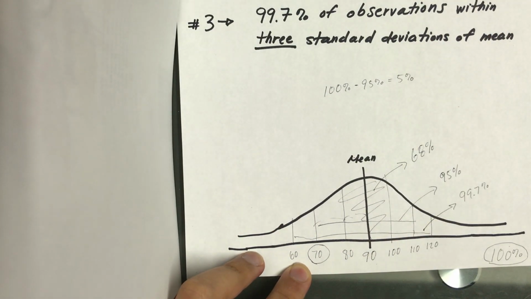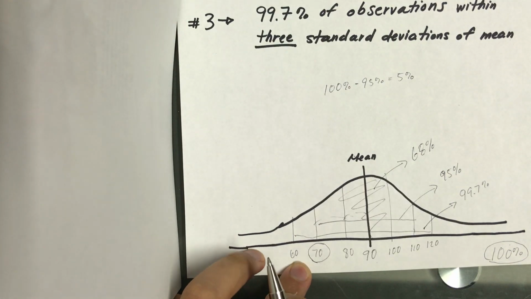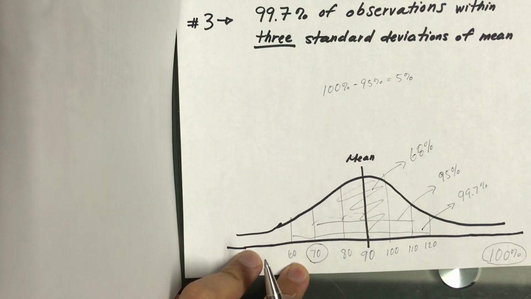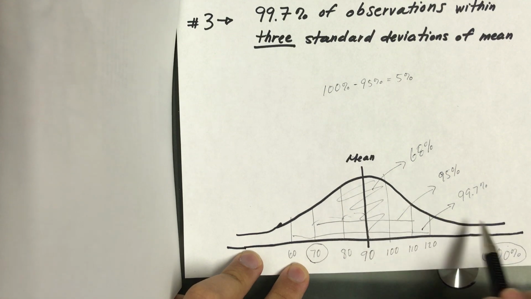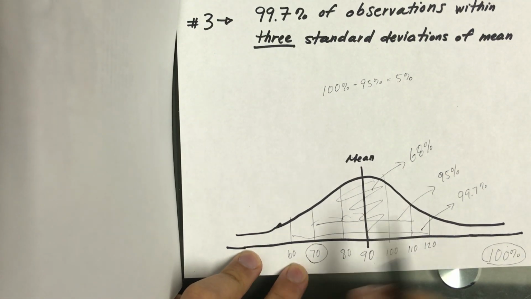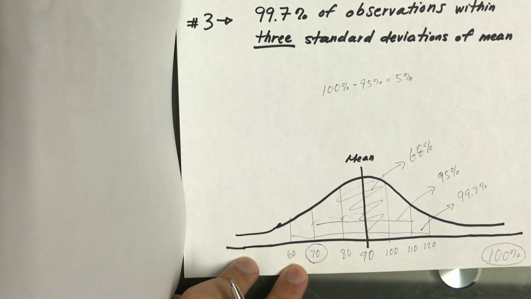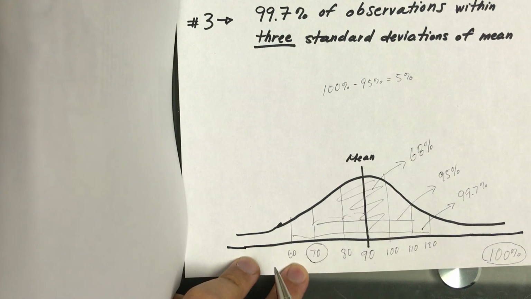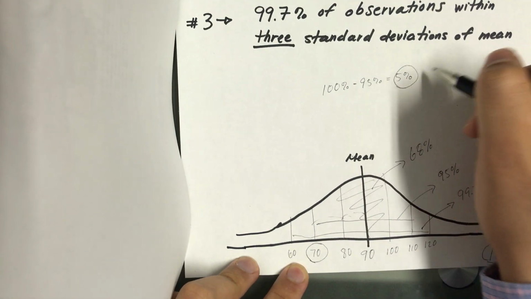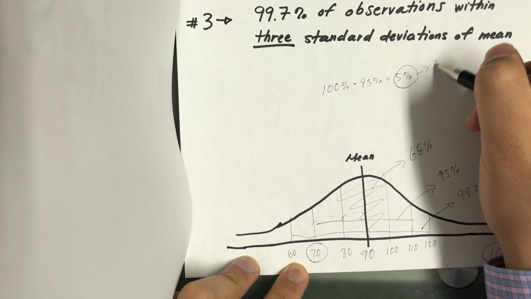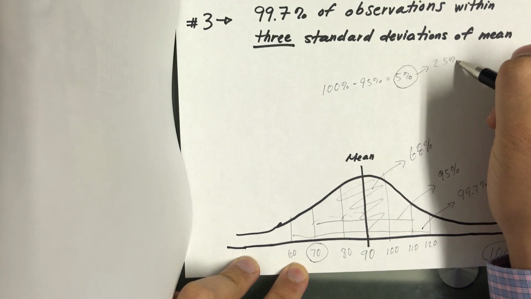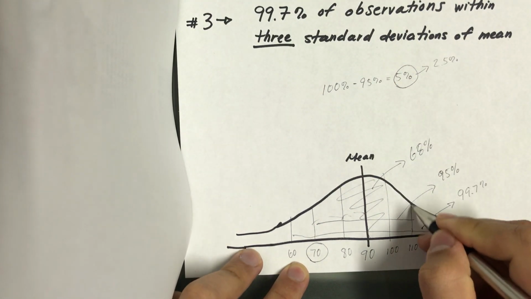Okay. The 5% is at the ends, at the tails of the distribution. So if we are asked for one certain side, in this case, what is below 70, we'd have to split this 5% into two. So that leaves us with 2.5% to the right, which is this area.